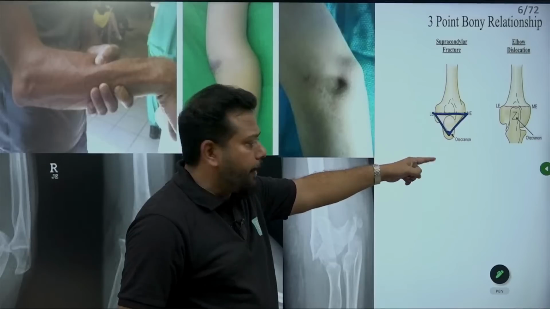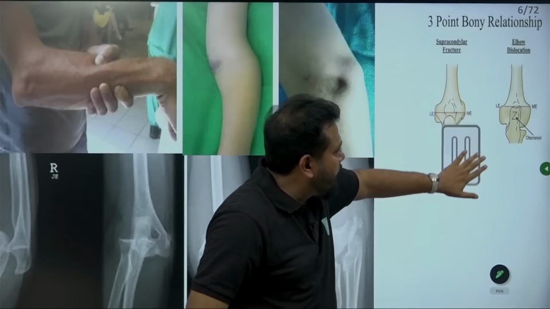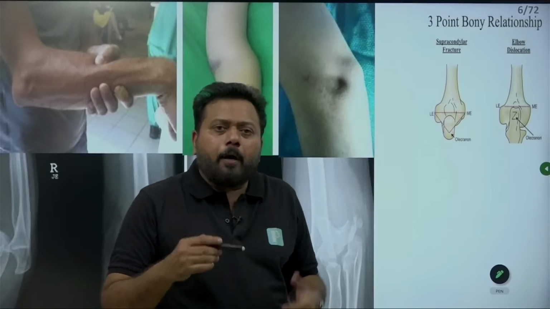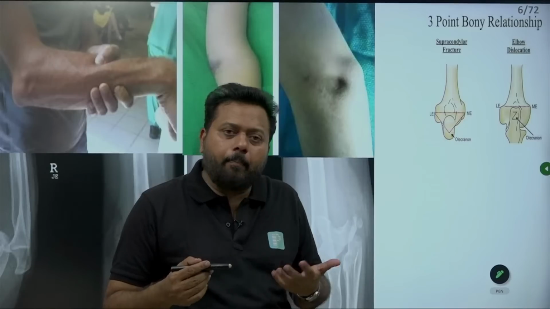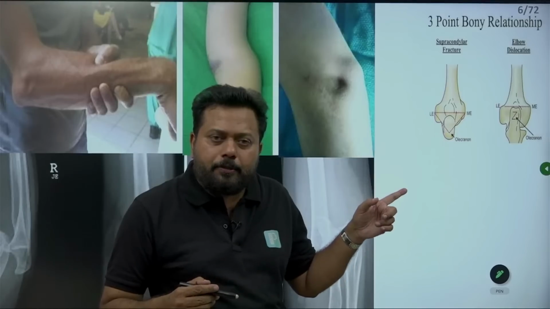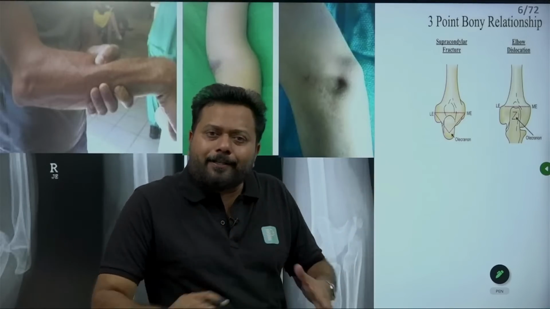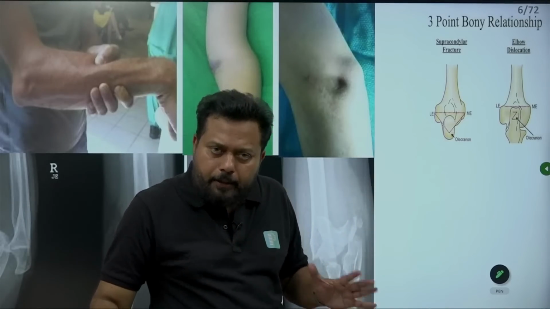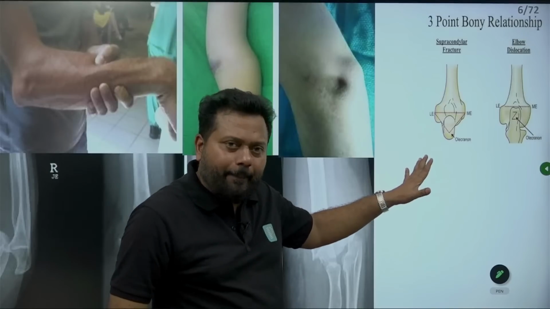In supracondylar fracture, the fracture is happening above the condyles. So the 3 bony points, the isosceles triangle, is not at all disturbed. It is well maintained.